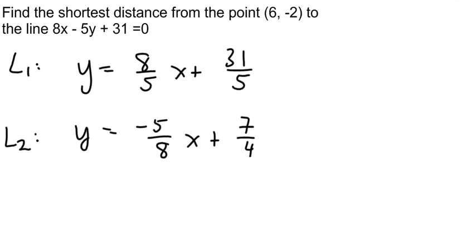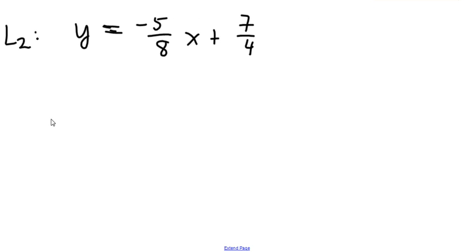So now we need to find the intersection between these two lines. You could certainly use elimination. I would probably, if I was using elimination, get rid of the fractions in standard form. I'm going to do substitution. So I'm going to let y equal y.